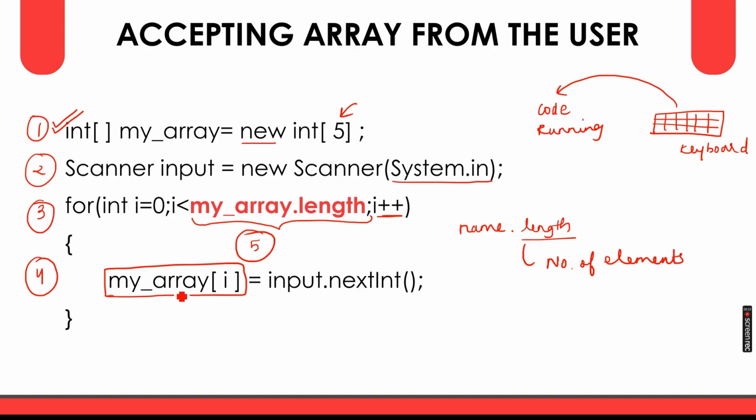We are saying inside this array, go to this index, and at this index, put whatever the user has entered using the keyboard. Input is the scanner object, and next int is used because the array stores integer values. This is the function.